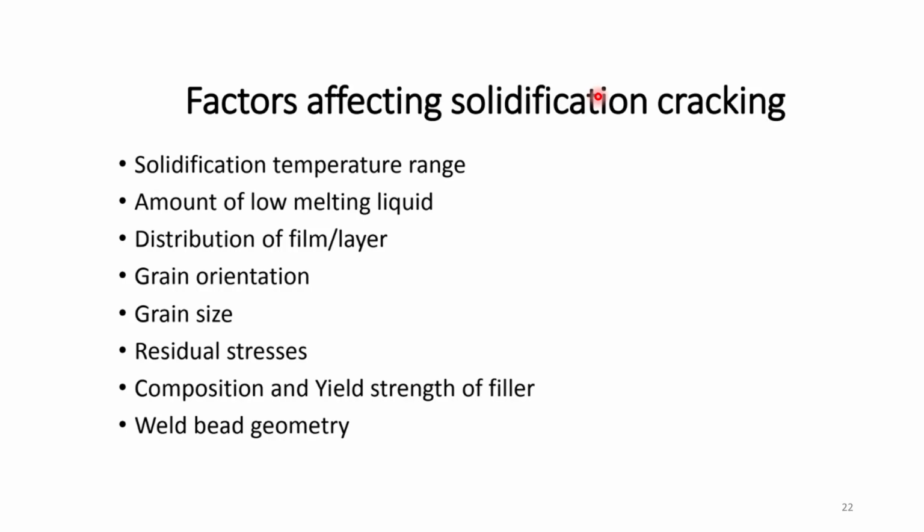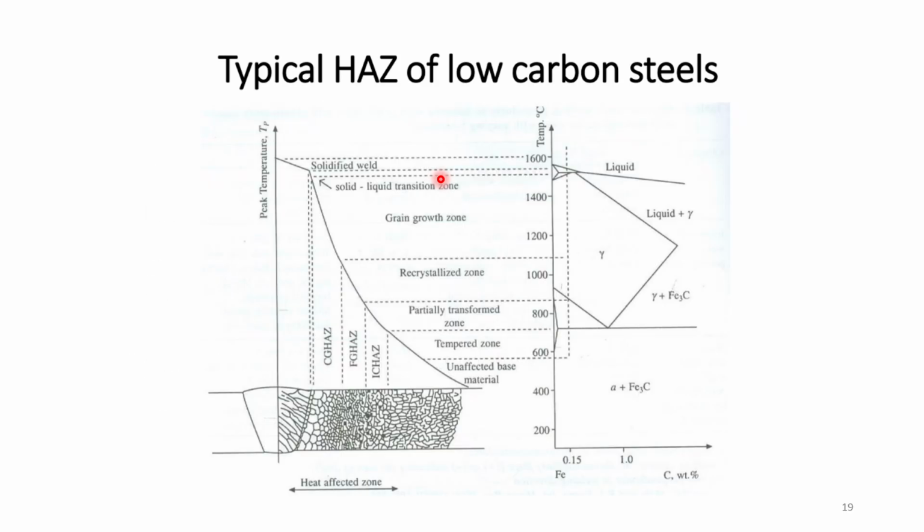Factors which affect solidification cracking. So these are various factors. First, the solidification temperature range. Here you can see the solidification: here you have complete liquid and here you have complete solid.